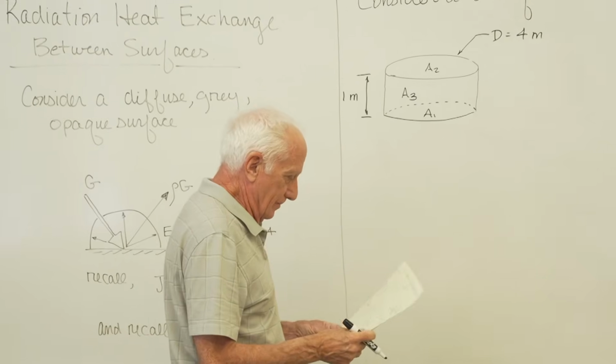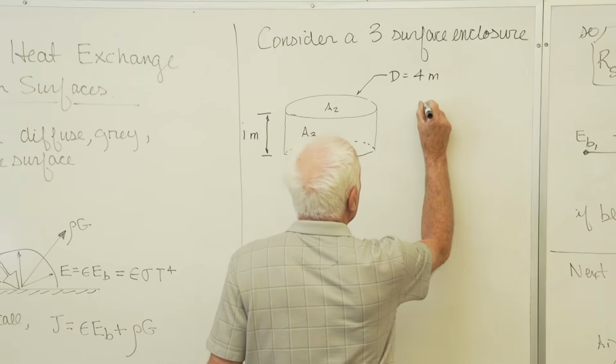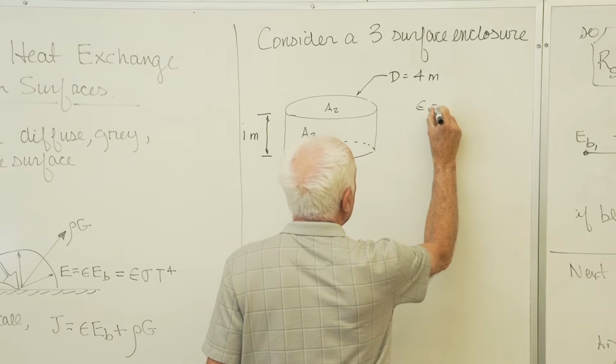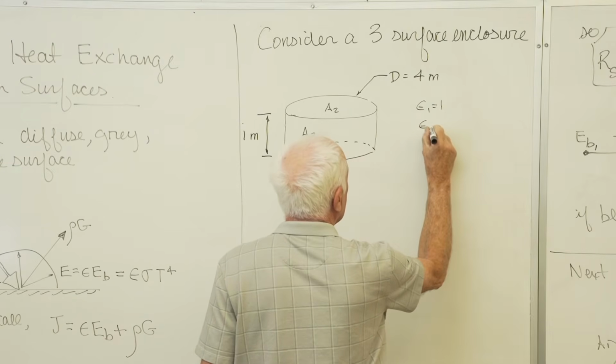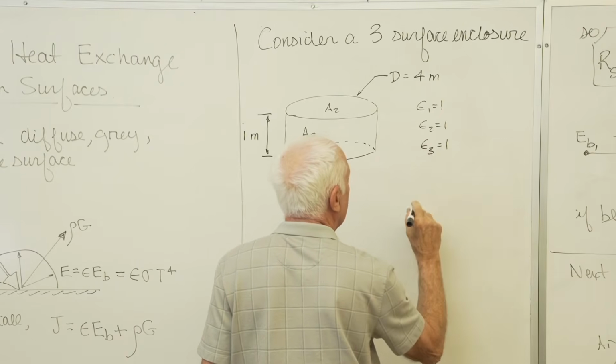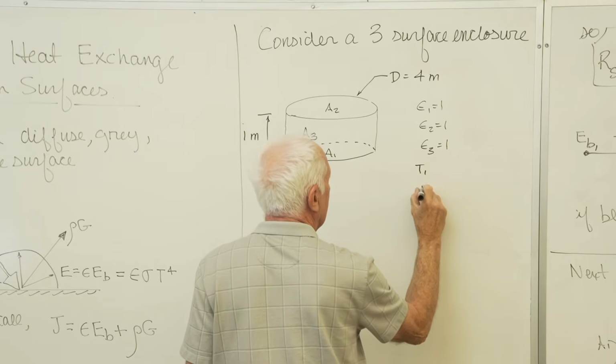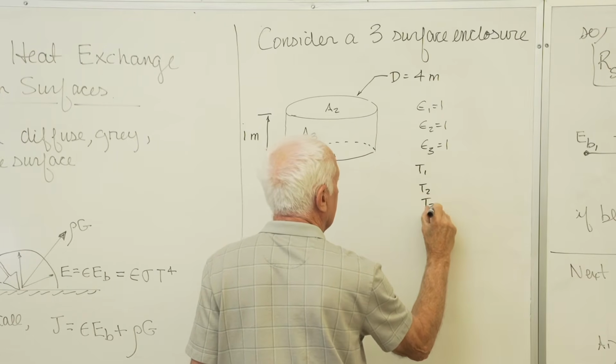And we're given several things. Let's put down what we're given. Epsilon 1 equal 1, epsilon 2 equal 1, epsilon 3 equal 1. T1, T2, T3.